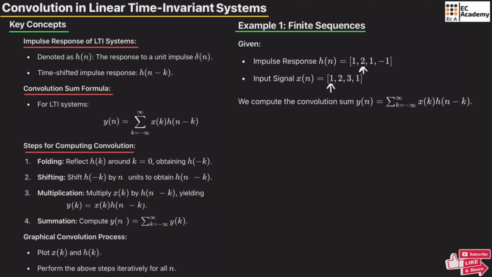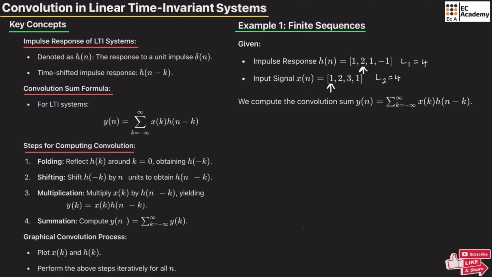Before solving this problem using graphical analysis, first let us find what is the length of the sequence y of n. As we can observe, the length of h of n is 4 and the length of x of n is also 4. So let us take the length of h of n as L1, which will be equal to 4. Length of the sequence x of n as L2, which will be equal to 4.